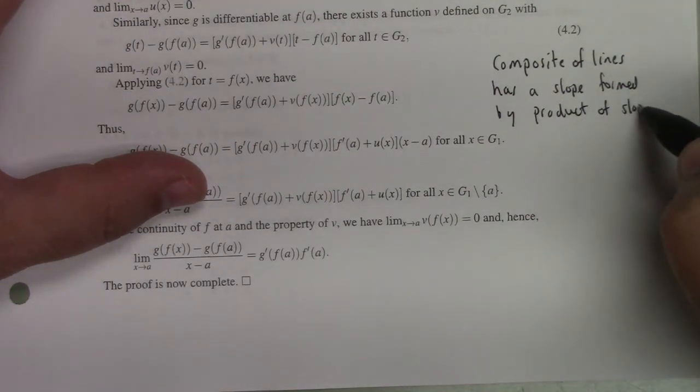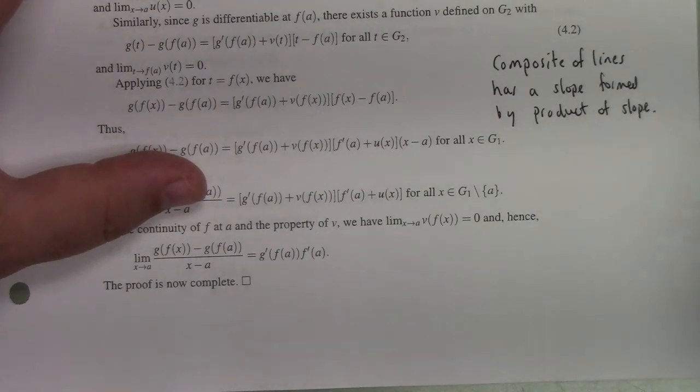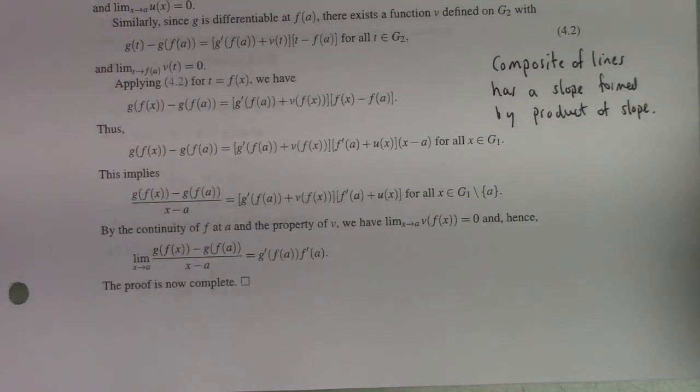Because the derivative is essentially tied to the idea of replacing a function with a corresponding best approximating line, if you look at the best approximating line for a function and another one which is composed, you end up looking at the product of the slopes, which is the chain rule.